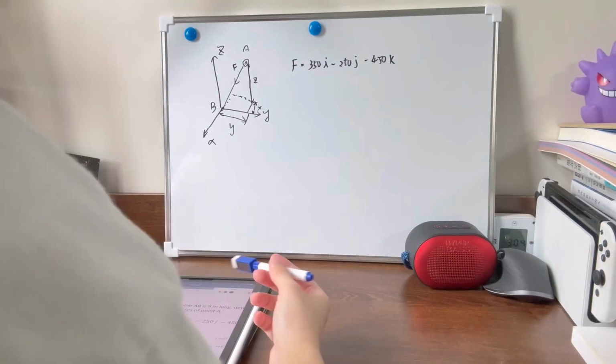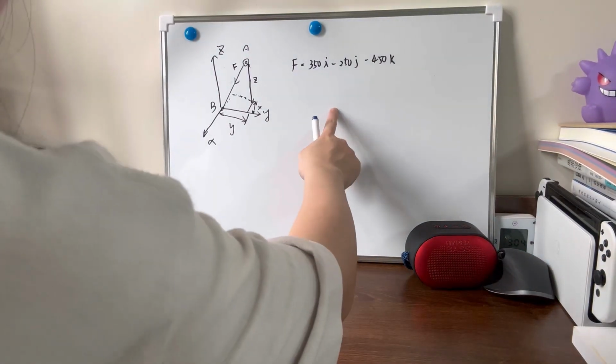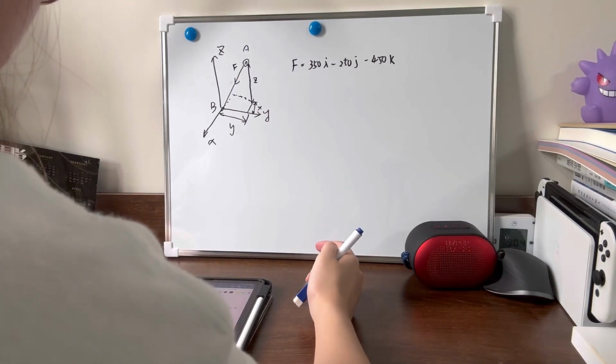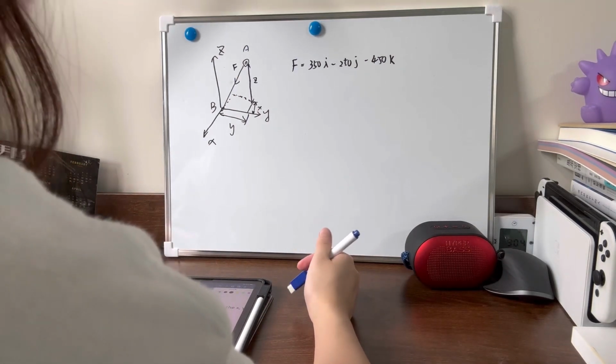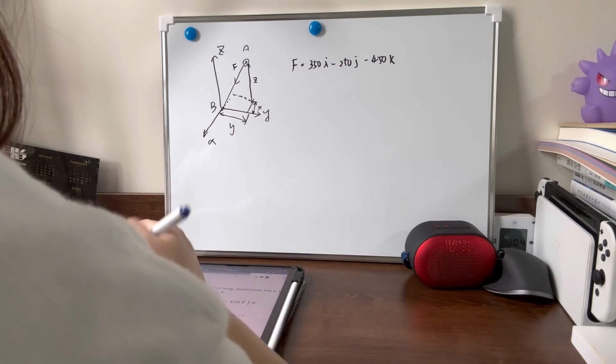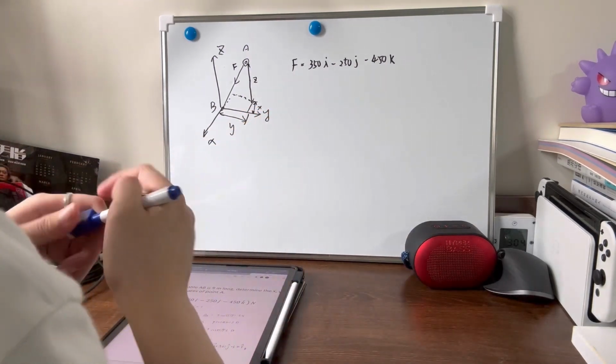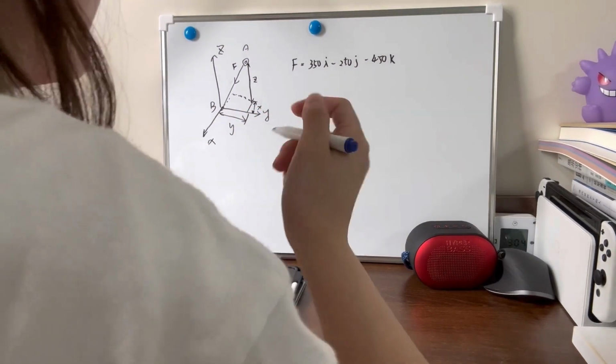So first of all, you have to find the force and determine the x, y, z coordinates of point A, but you got the force here, so you have to know the magnitude of the force.